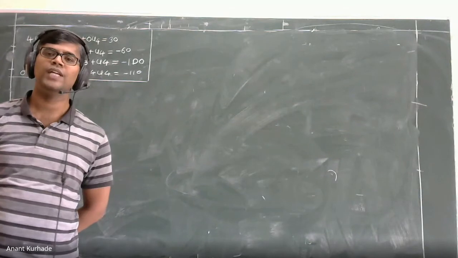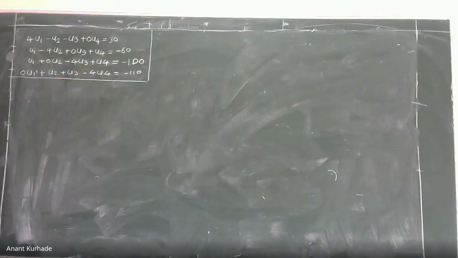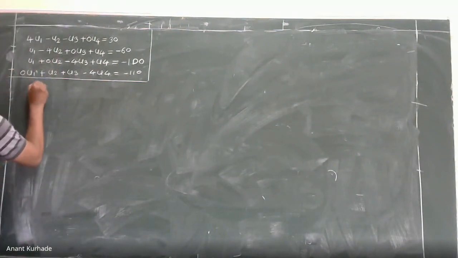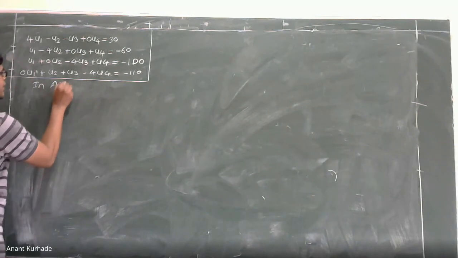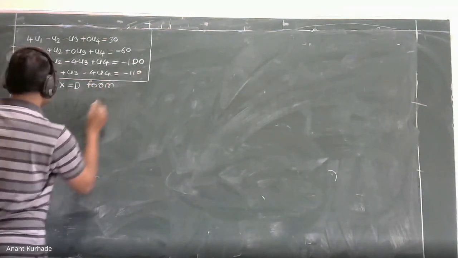No, that is the Thomas algorithm. It is not a tridiagonal matrix, so we can write it in AX equal to D form. Now convert this in matrix form.